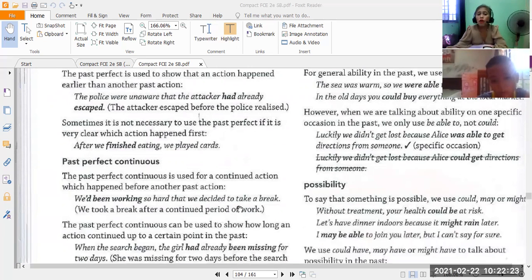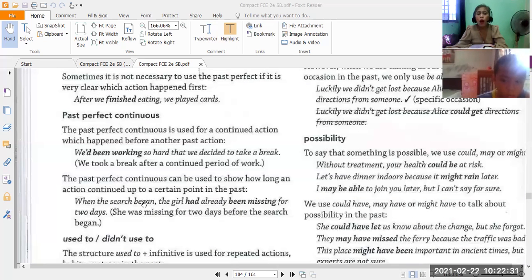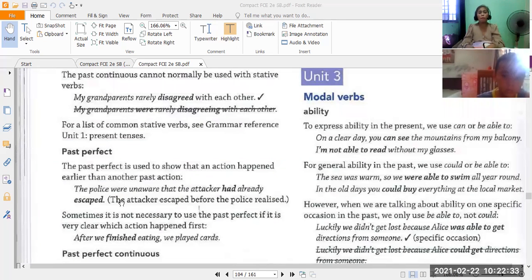It's just that we have continuous. We have ing here. So like this, okay? The past perfect is used to show an action happened earlier than another past action. That's past perfect. Remember that.